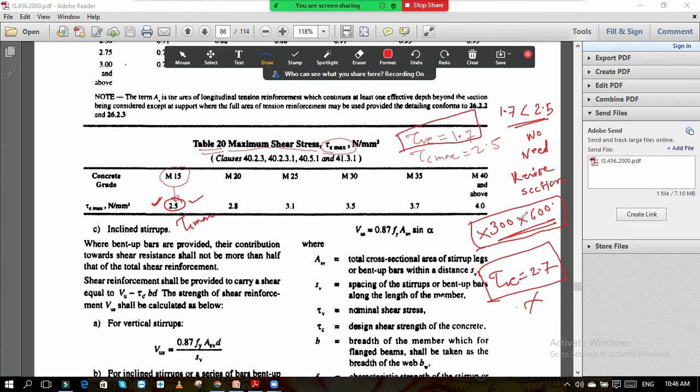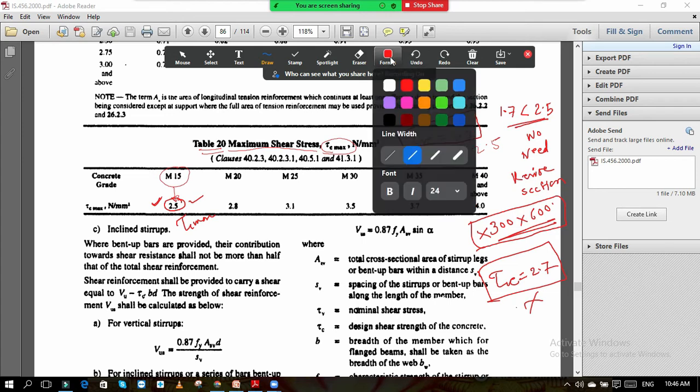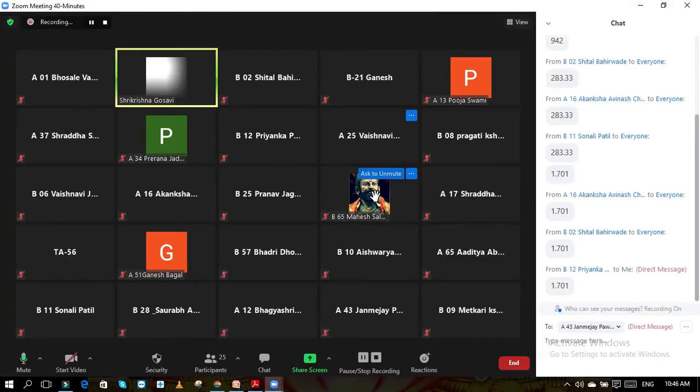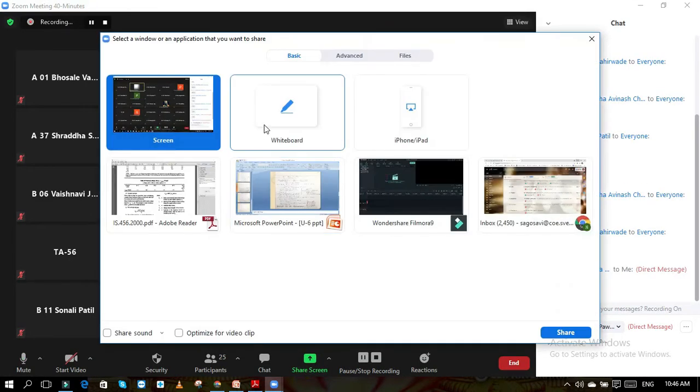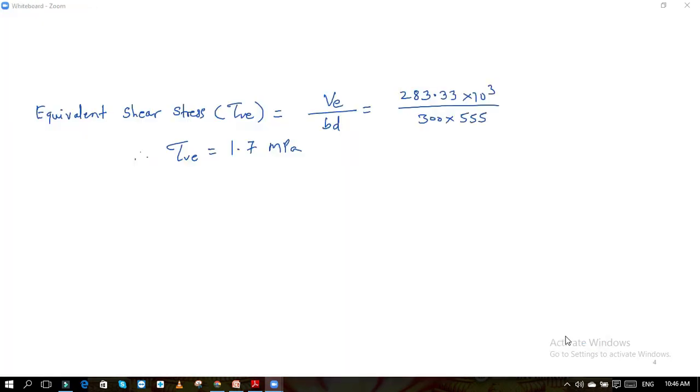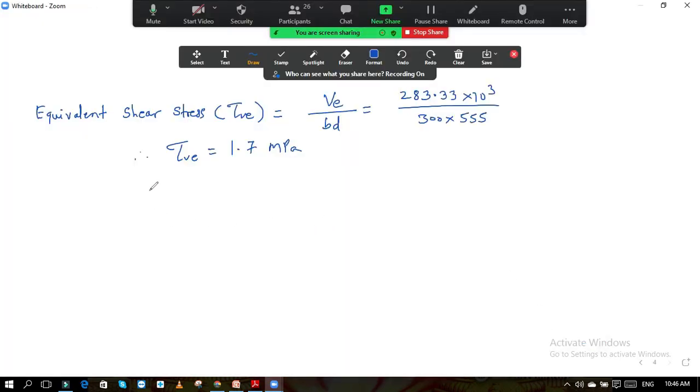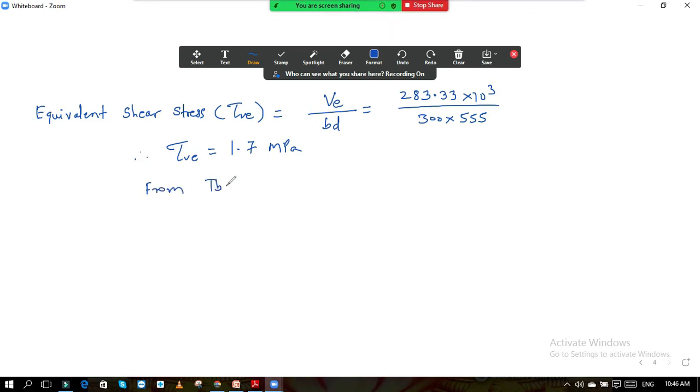Okay, so first we will do this. So here we know the value 2.5. Here I can write, if I come over here into the whiteboard, from table number 20, page number, I don't remember the page, I think it may be 74, 75.